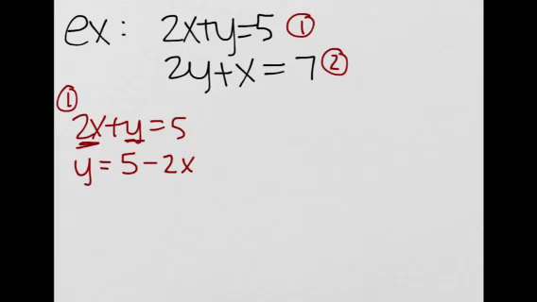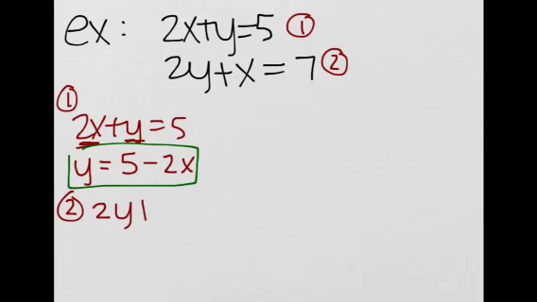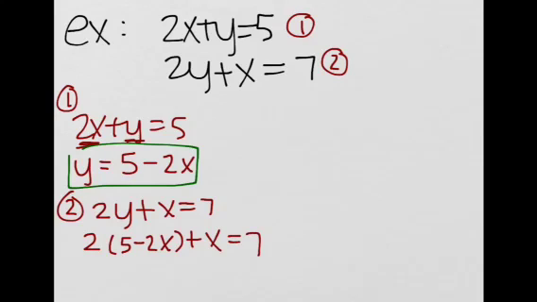Okay? Now I'm going to substitute this into equation number 2, and equation number 2 is 2y plus x is equal to 7. So I'm going to do 2 times 5 minus 2x plus x is equal to 7, and I'm going to box this to make sure it makes sense.